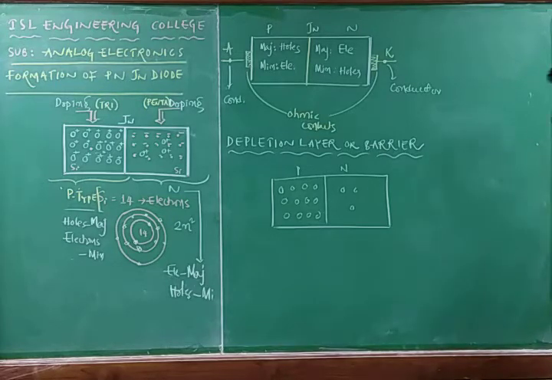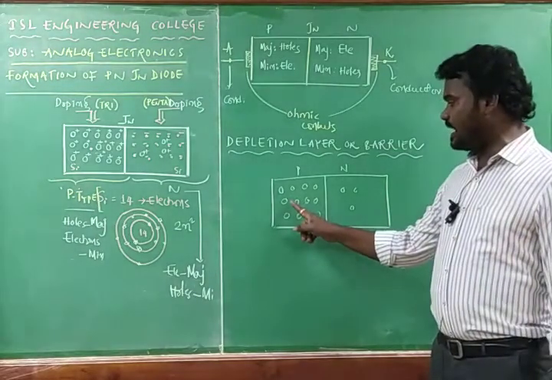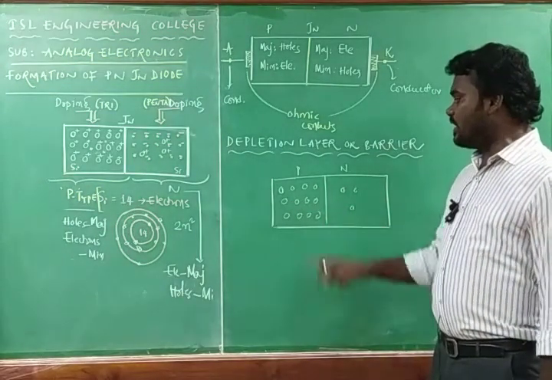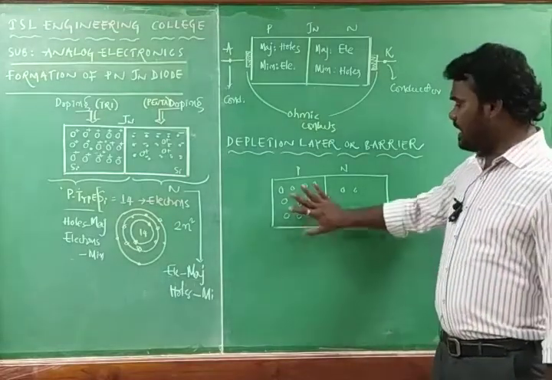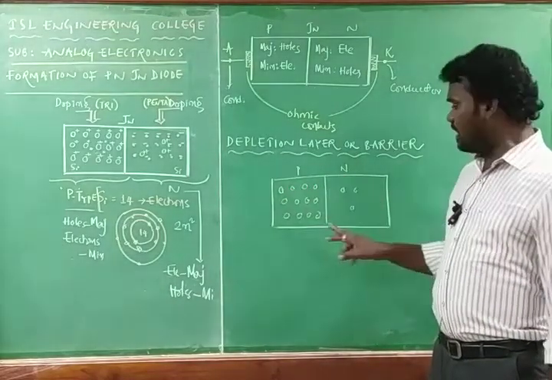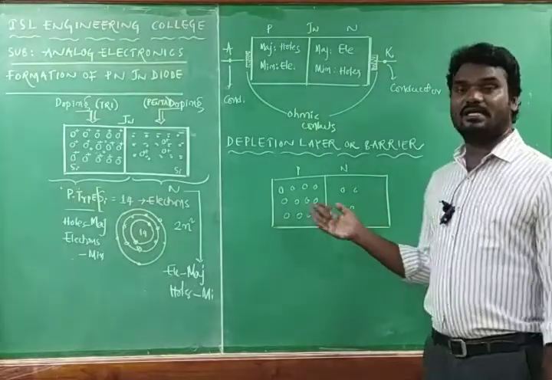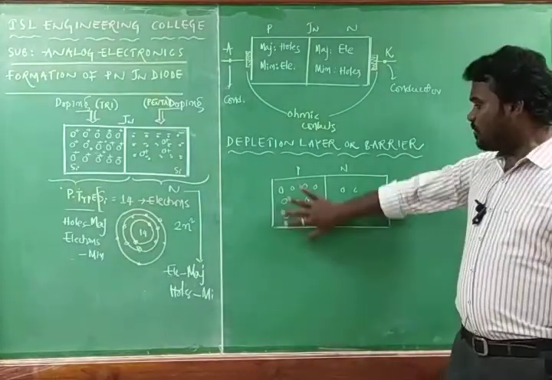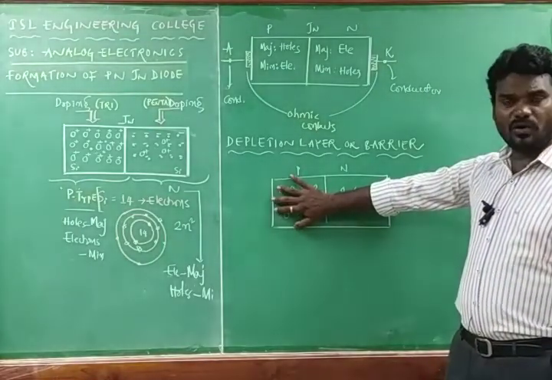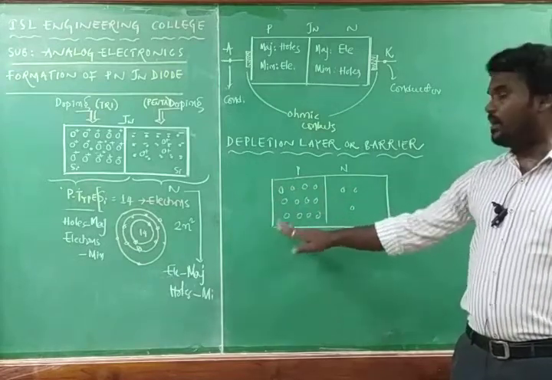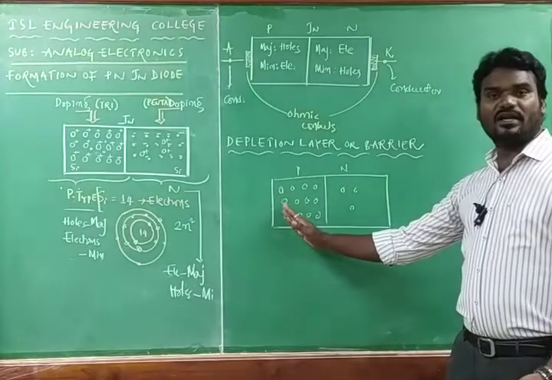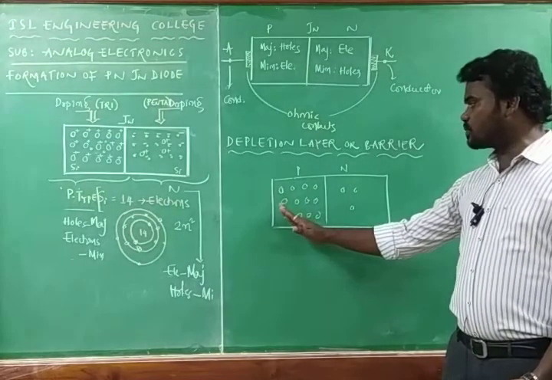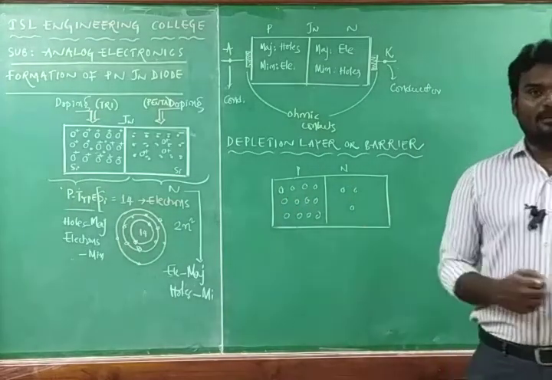So here there is a concentration gradient between the P-type and N-type semiconductor, because the P-type has more holes and the N-type has fewer holes. So these holes, being more, want to diffuse from P side to N side to get the equilibrium.